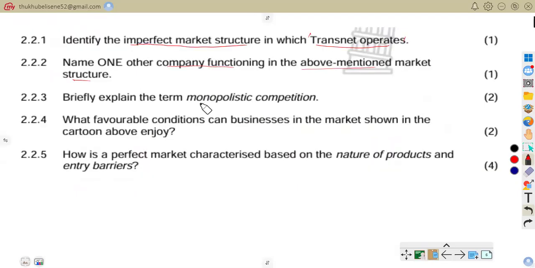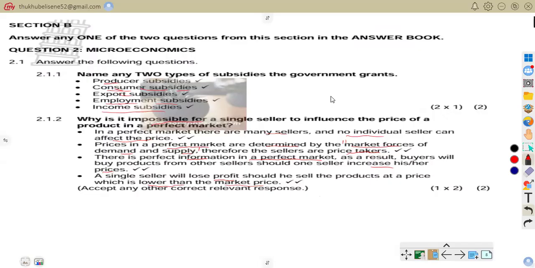2.2.3, briefly explain the term monopolistic competition. When we talk of monopolistic competition, we are talking about many sellers selling slightly different products, for example restaurants and clothing brands. You can see the answers here as well.